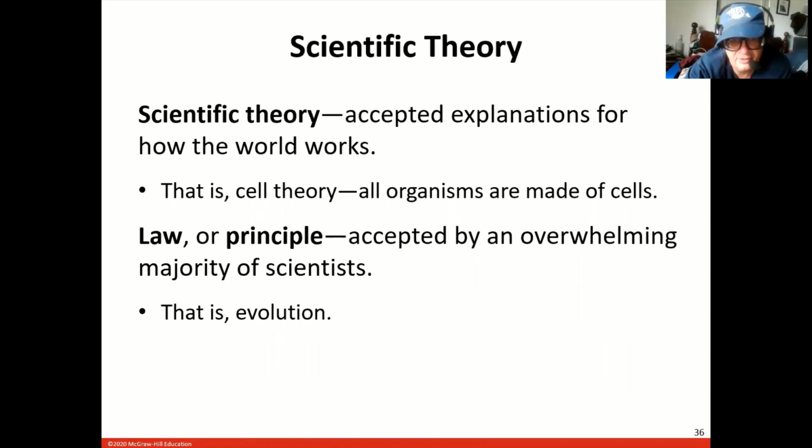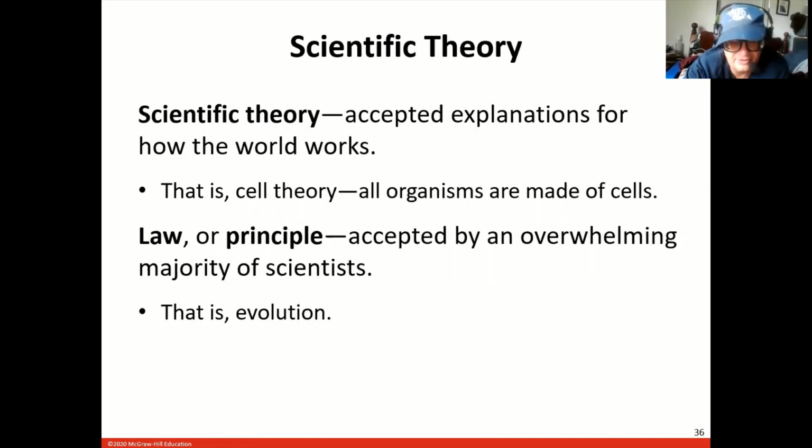All right, so a theory, I talked about this before. A theory is an accepted explanation that, and the book doesn't say it here, but it really should, has lots of experimental evidence behind it. It's not just an explanation of what's happening. It's an explanation that has evidence, all right?